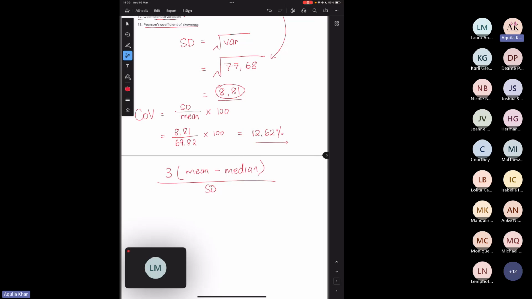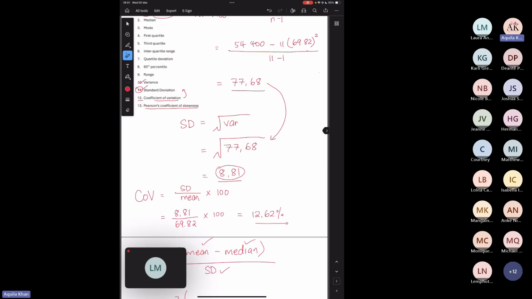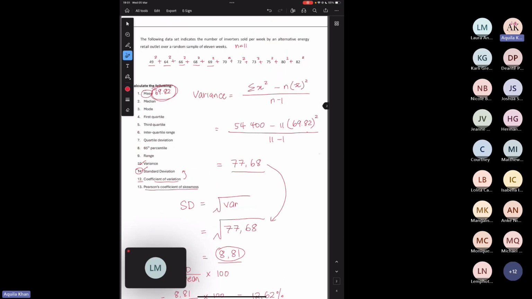So if you look at it, it says 3 multiplied by the mean minus the median over the standard deviation. So most of the time in the prior questions, you would have calculated the mean, you would have calculated the median, you would have calculated the standard deviation. So let's calculate it here. So your mean is the first one we did. It was the 69.82.